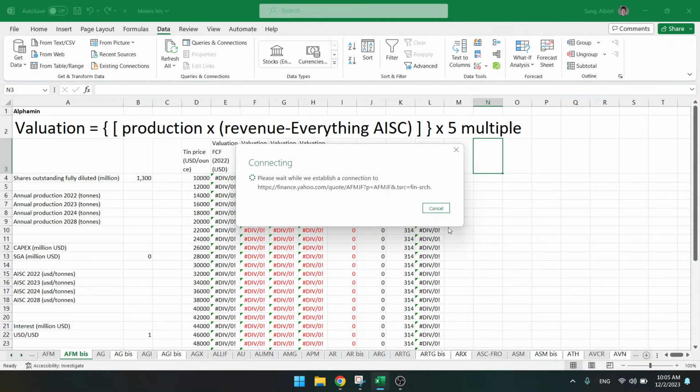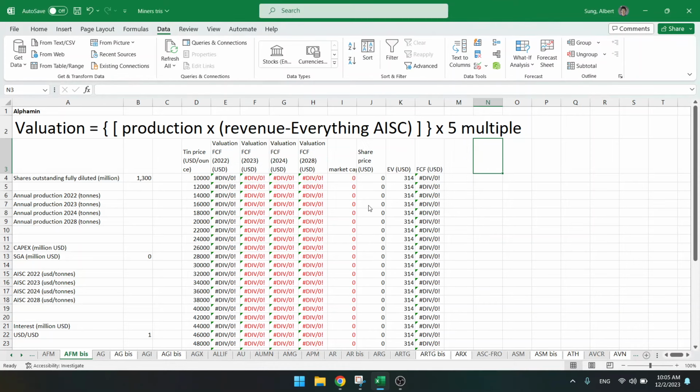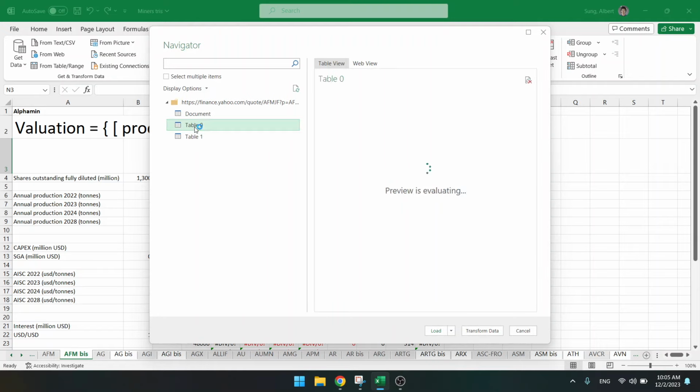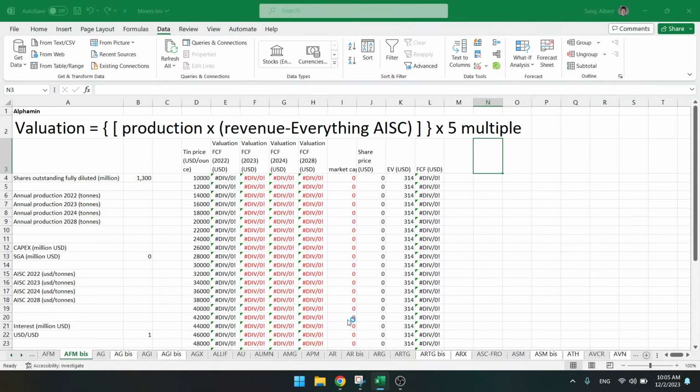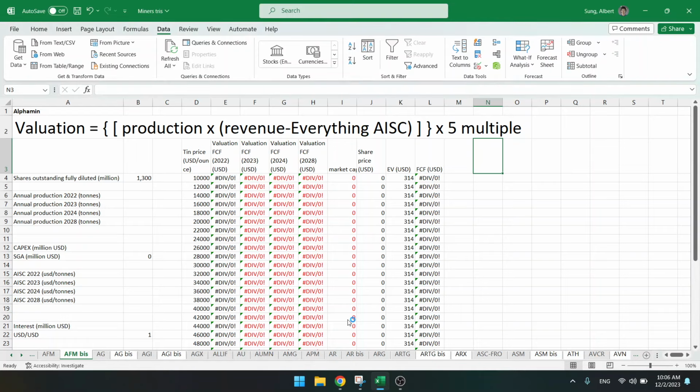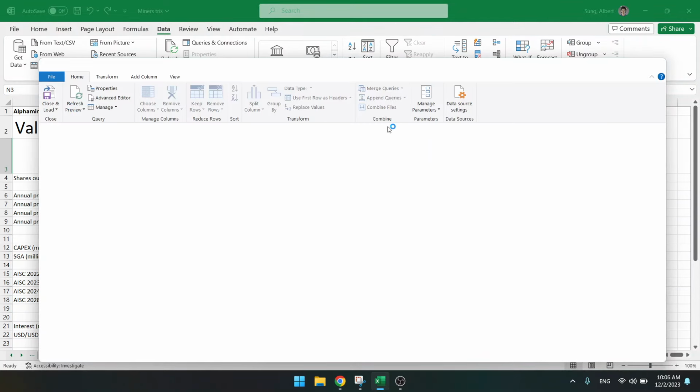So we're connecting to the site to get the quote. So here you see the quote, 0.58. And that's coming from Yahoo Finance.